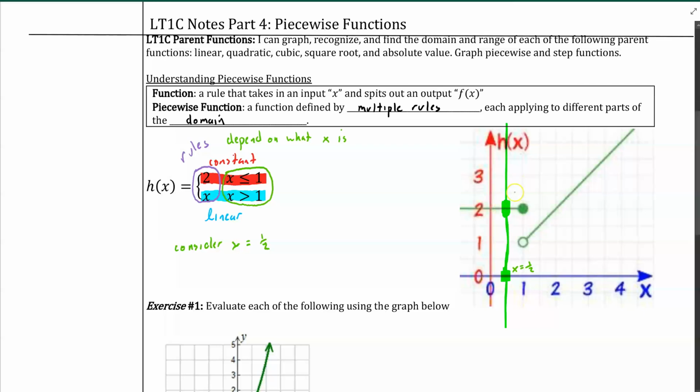So what this means is, since x equals 1/2, y is equal to 2. And that matches the expression that we have to the left. So a piecewise function really is just multiple equations, but depending on what the value of x is, the equation that we use changes.